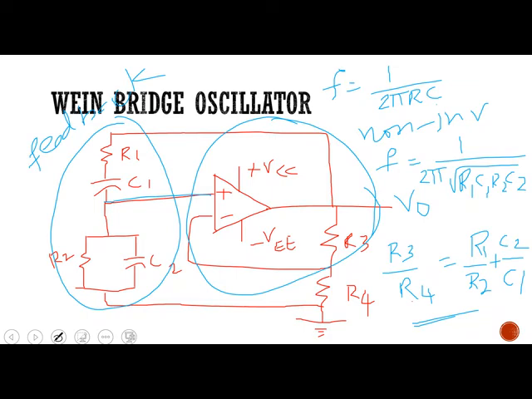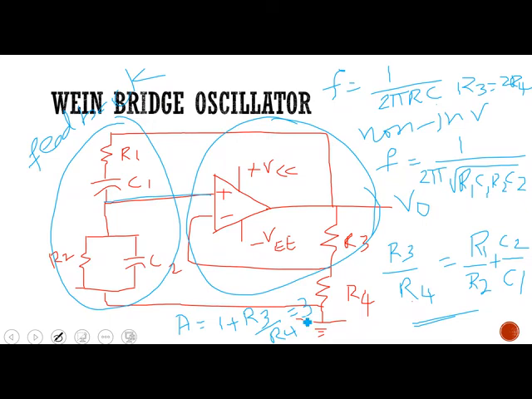And since it is a non-inverting amplifier, we can have R3 equal to 2 times R4, and our amplifier voltage gain is given by A equal to 1 plus R3 by R4. This value should be equal to 3.